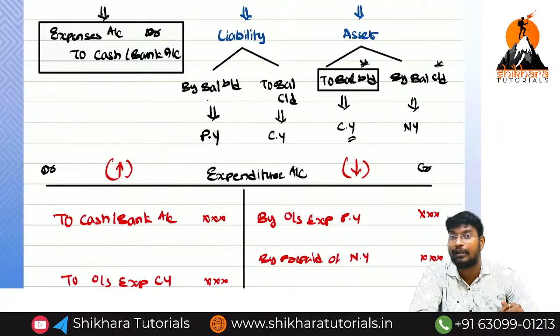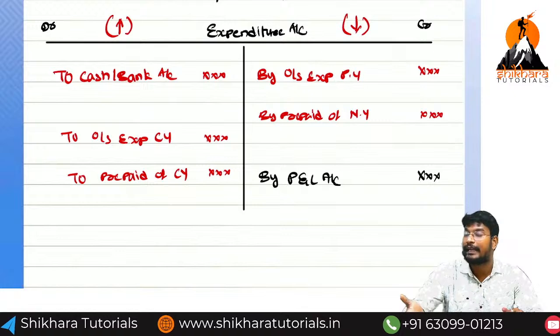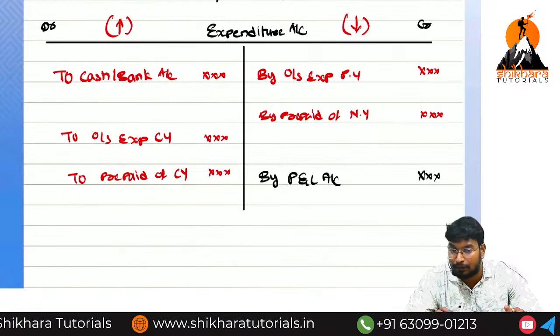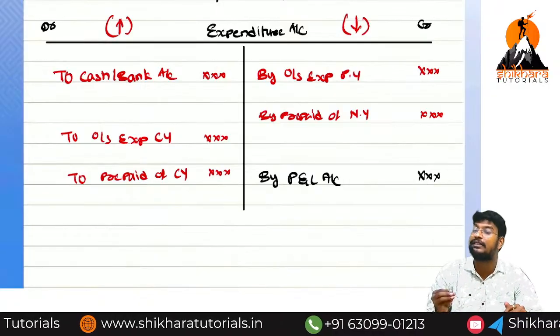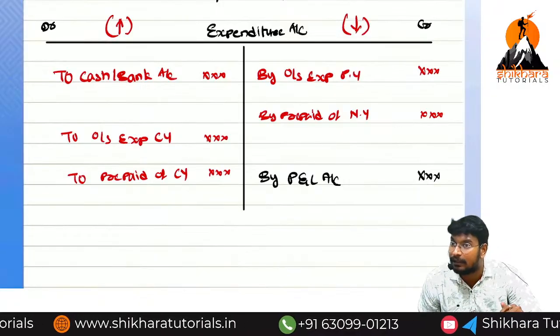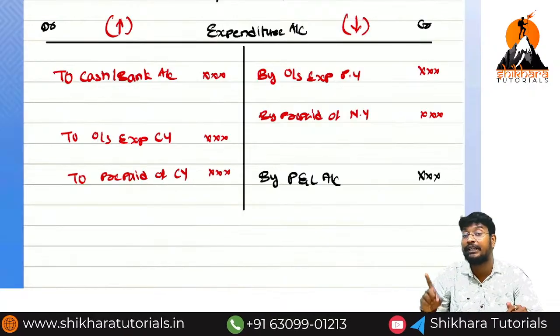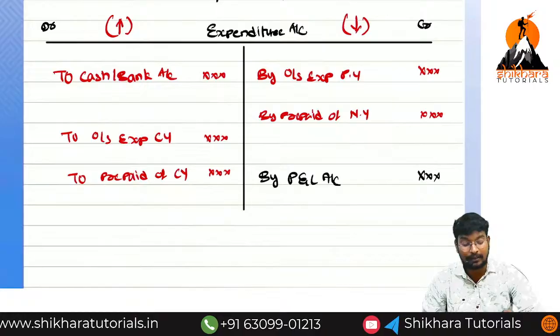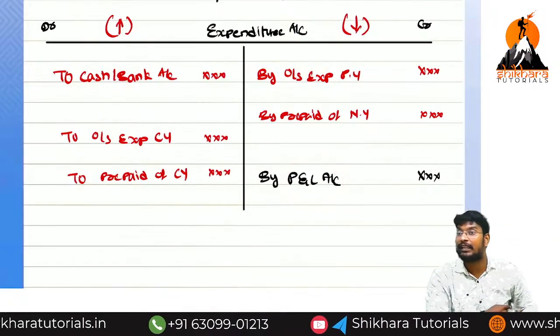Or otherwise, if you understand the concept, how can we remember? We are not going to have the opening balance because it is a nominal account. For nominal accounts, there will be a closing balance, but we need to transfer it to the P&L account. For that reason we write by P&L. It is a debit balance.